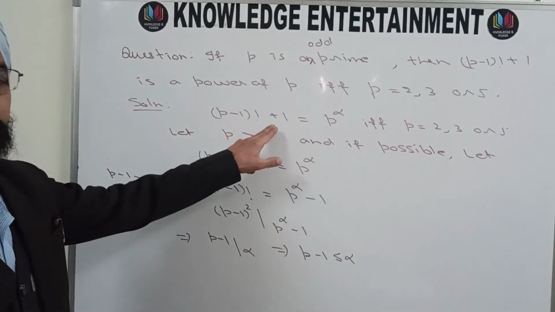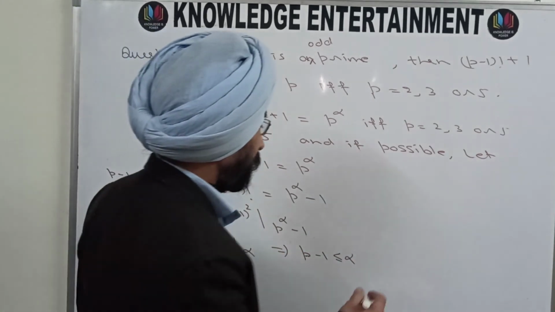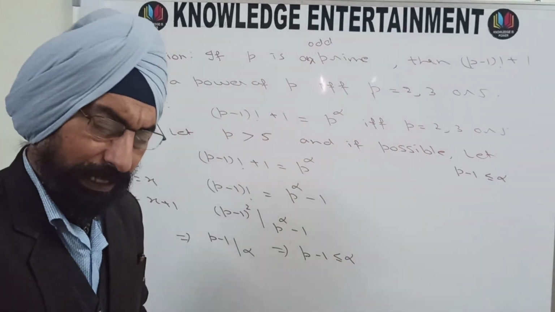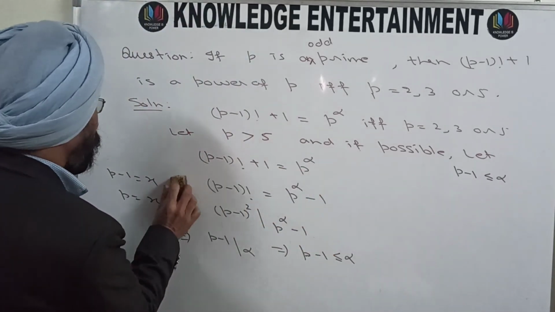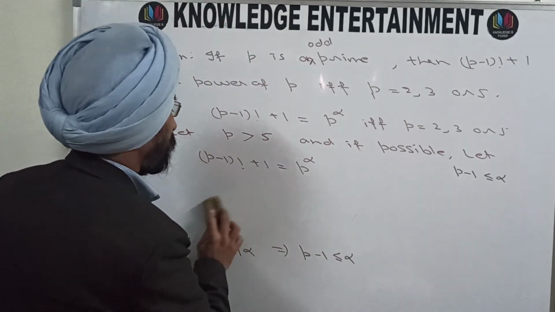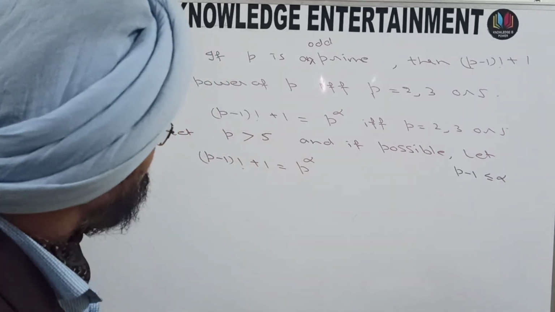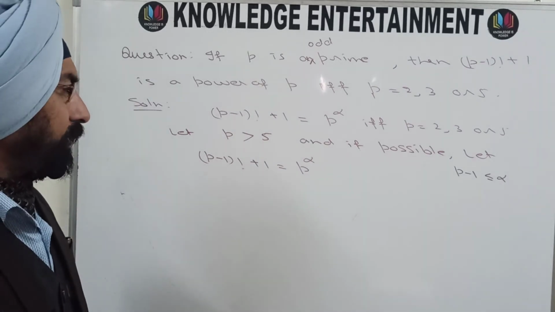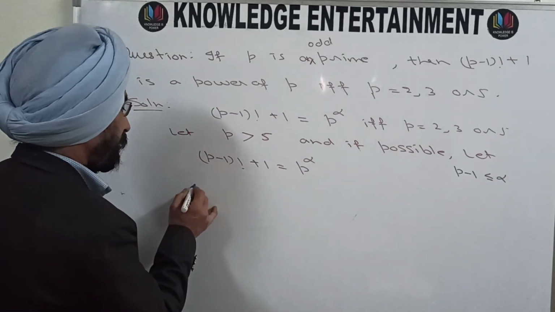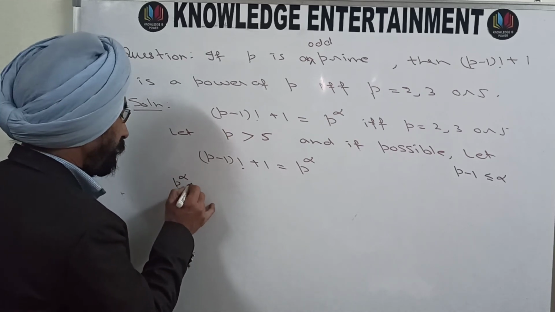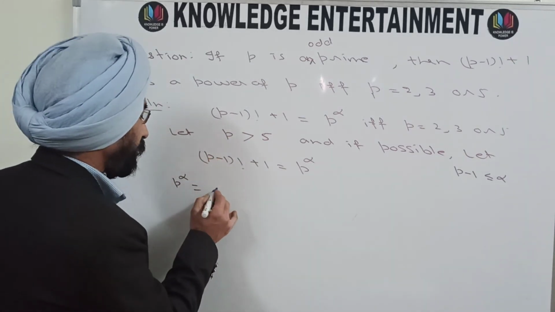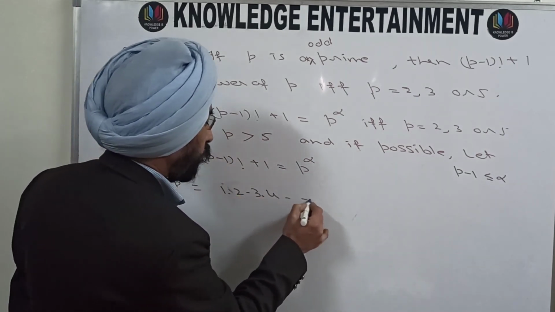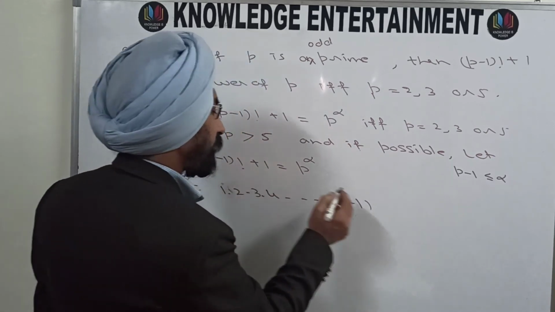Also, look into this once again. So this I am going to write here: P minus 1 is less than or equal to alpha. This result we have obtained. And now once again I am going into this result: P minus 1 factorial plus 1 is equal to P power alpha. So from here, P power alpha is equal to P minus 1 factorial, which is 1 into 2 into 3 into 4 and so on up to P minus 1, and there is plus 1.